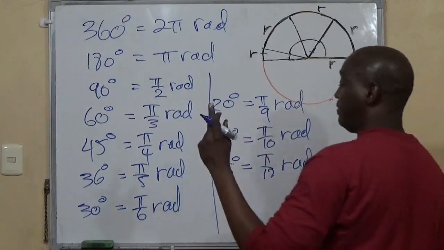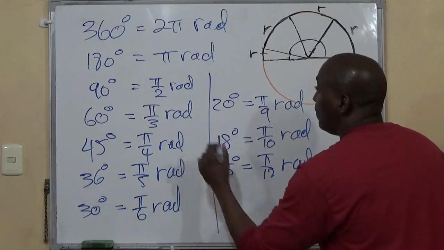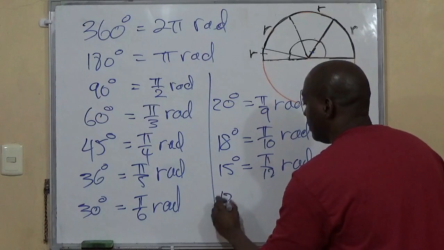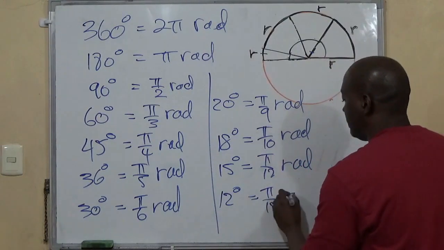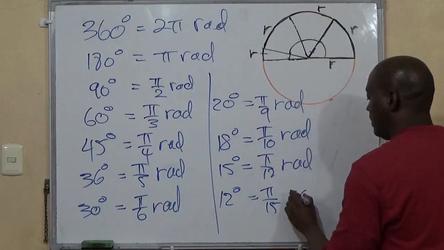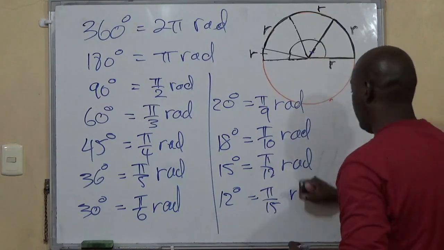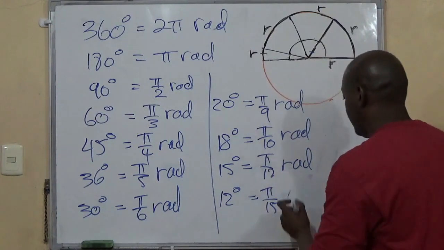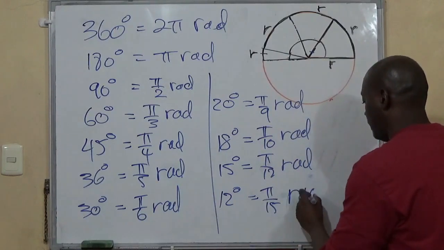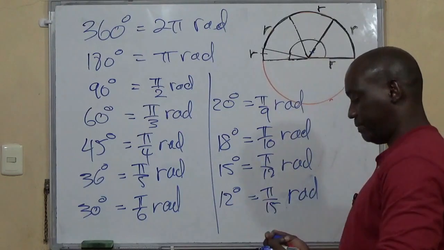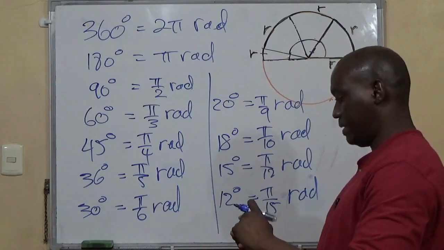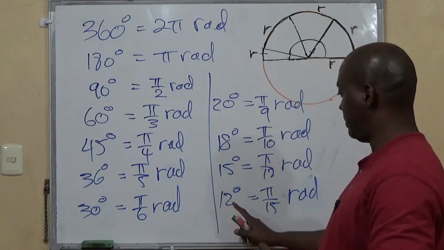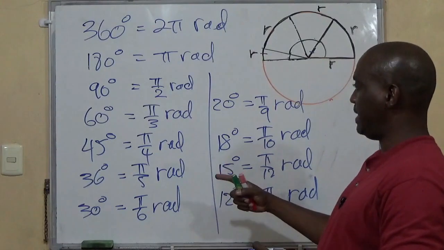13, 14, 15. We divide by 15. 180 divided by 15 is 12 degrees, which is equal to pi over 15 radians. 16, 17, 18.